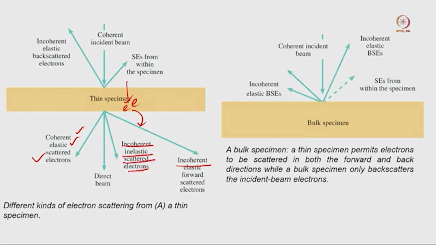In some cases the beam is incoherent but there is no direct collision. If electrons are very close to each other, there is a chance that some changes happen, the beam is not coherent anymore, and the waves go in two different directions, but it is still elastically scattered.